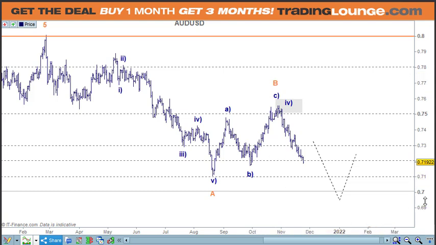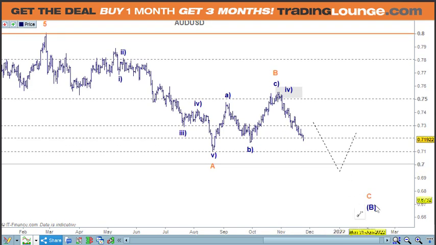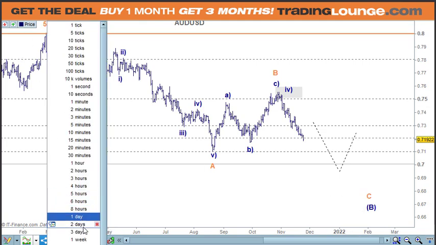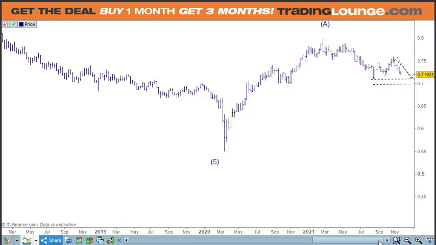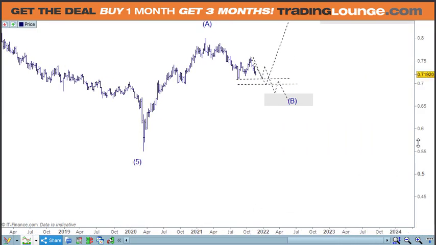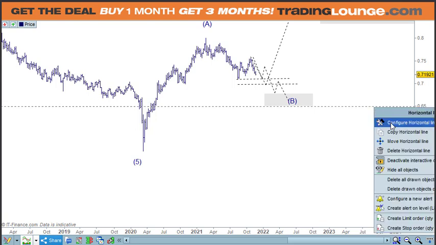So I think that we could end up with a deeper correction, where I mentioned the other day, I think it was the weekly or the monthly, back down closer to 65. That's a medium level down here. So I think we could end up down there.